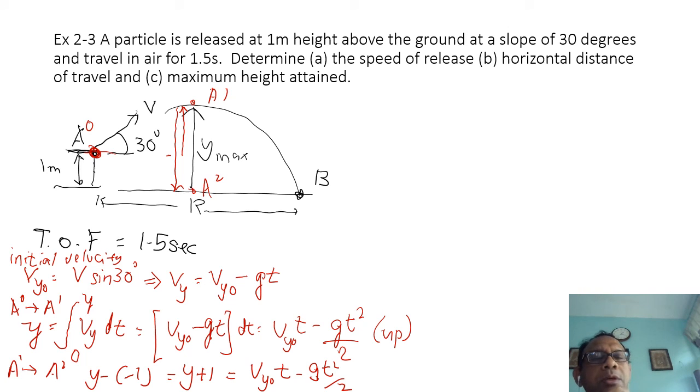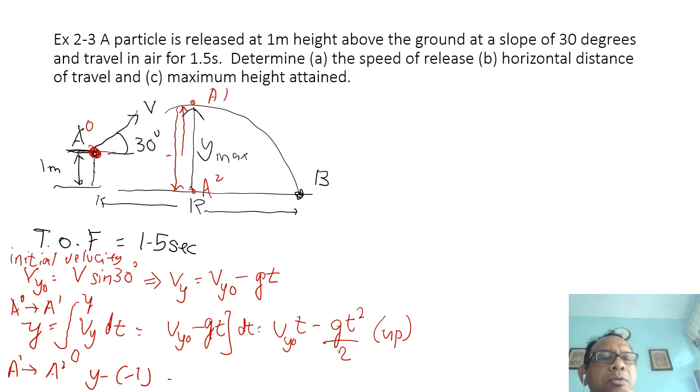So here is a case that we need to reconsider. So I'm going to remove this. So we have the equation here. I'm going to erase all this to put it in perspective. So what we have is a time of flight from A to B, which is 1.5 seconds.